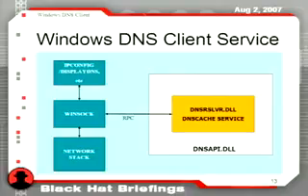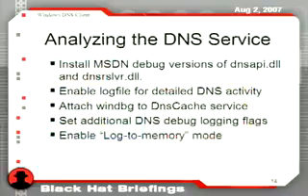And then you have other commands, like you can type ipconfig /displaydns, and it's going to go through there, talk to the RPC, which says, oh, he wants to know what all the values are in the cache, and it dumps them back out. So that's kind of what they've got.